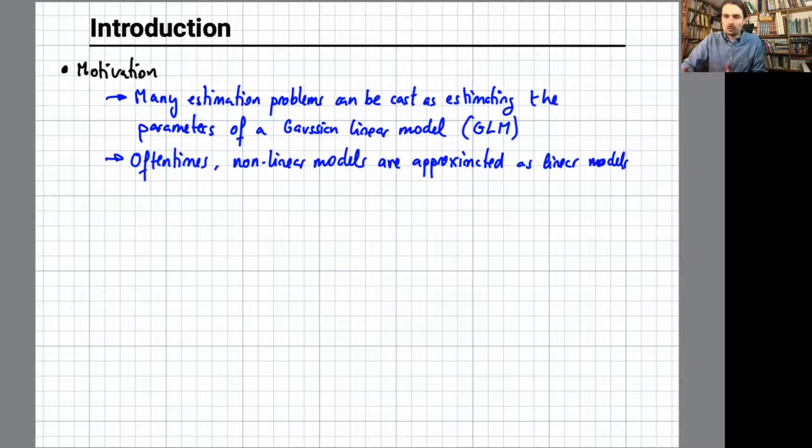Or maybe we are given a complicated nonlinear model, and before we start spending many hours on trying to derive a very sophisticated estimator, we can just use the Gaussian linear model as an approximation and come up with a simple estimator that tells us if there is light at the end of the tunnel, right?